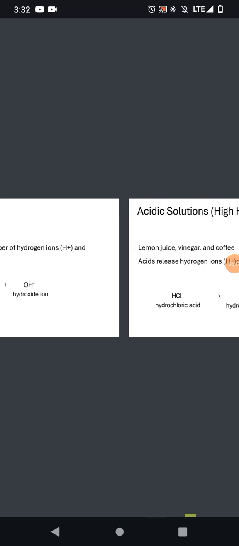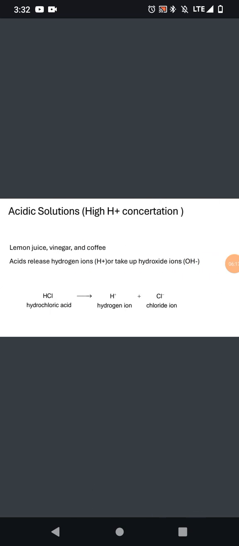Acids and bases. Water dissociates into equal numbers of hydrogen ions, H plus, and hydroxide ions, OH minus. So here's a little diagram at the bottom. Acidic solutions: lemon juice, vinegar, and coffee. Acids release hydrogen ions or take up hydroxide ions.